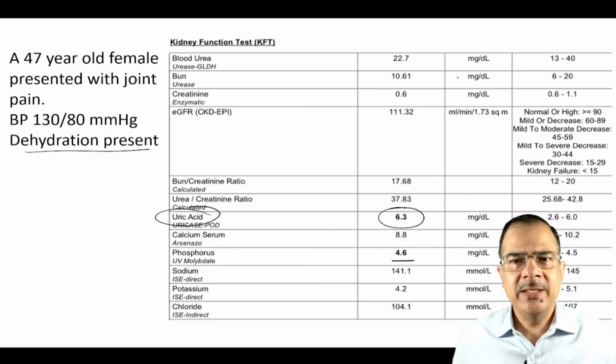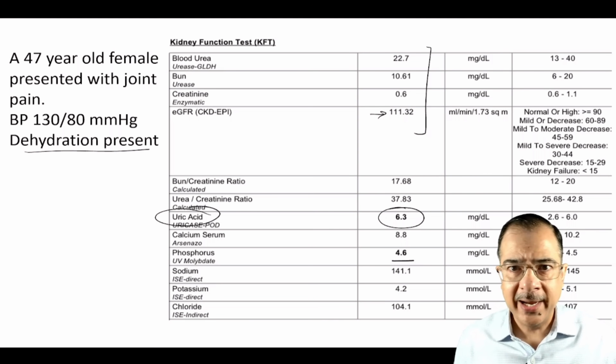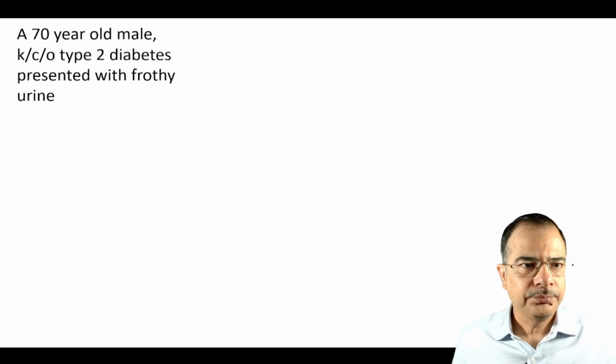So whenever the other parameters are normal, GFR is normal, and only uric acid is high, there can be multiple causes like a high protein diet, dehydration, or other risk factors for uric acid. So here the history will suggest the diagnosis, that because of the dehydration uric acid levels are high.